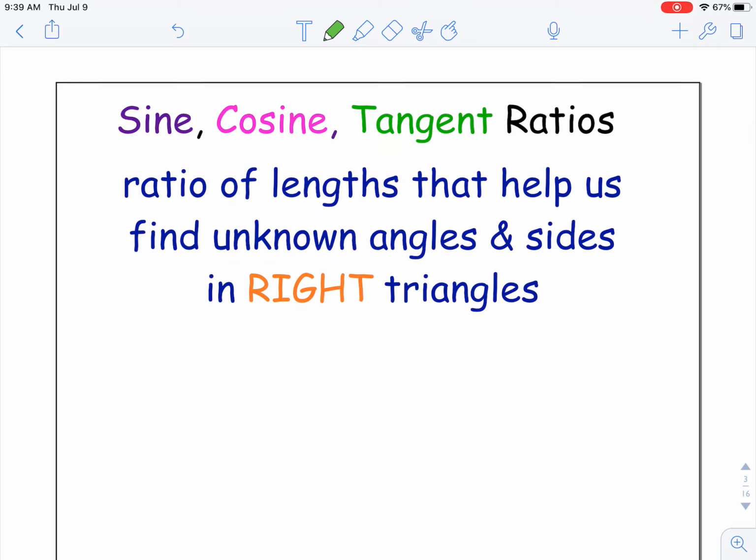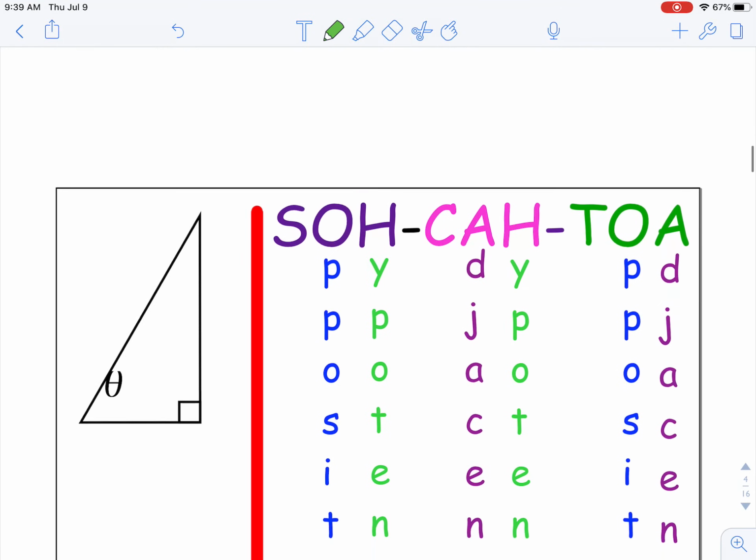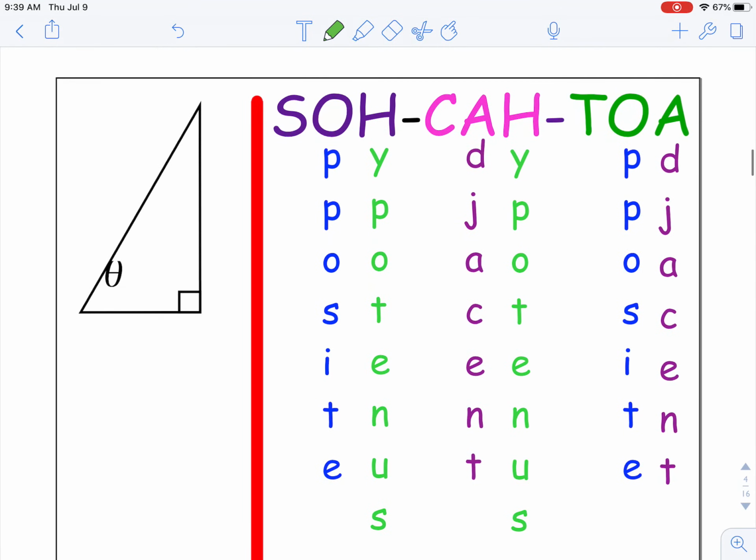So that is the basis of right triangle trig. Sine, cosine, and tangent are ratios of lengths that help us find unknown angles and sides in right triangles. Again, this is only for right triangles. Now, we do have some other ways later on that we'll talk about if we don't have a right triangle.